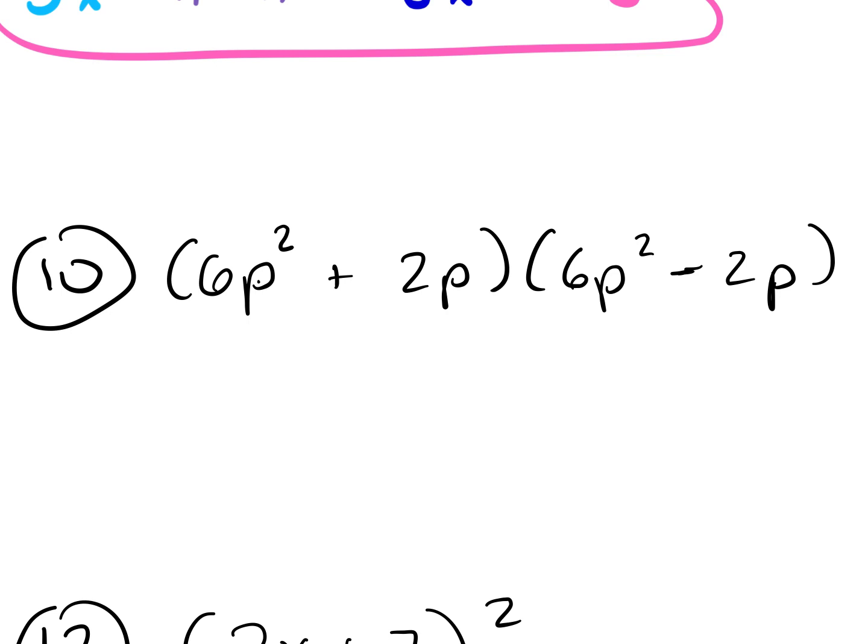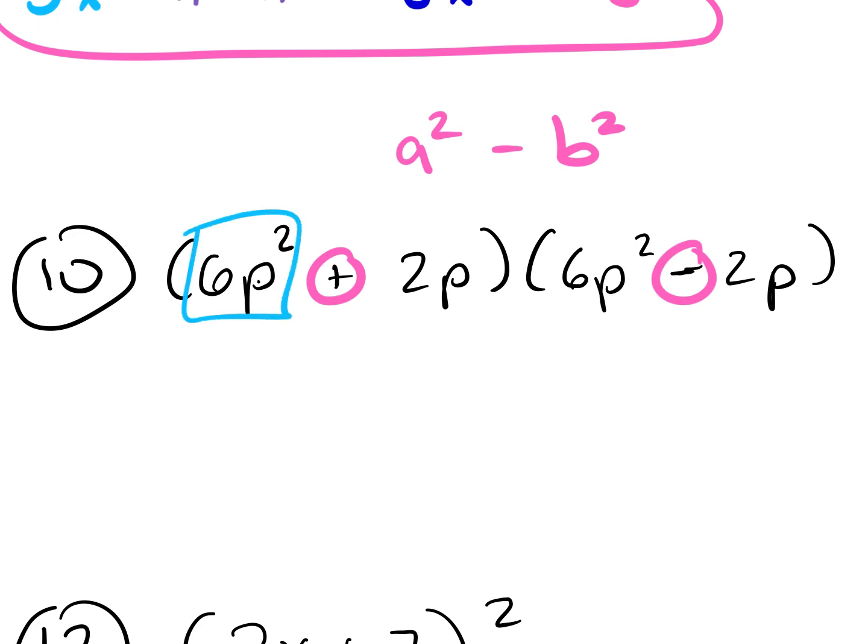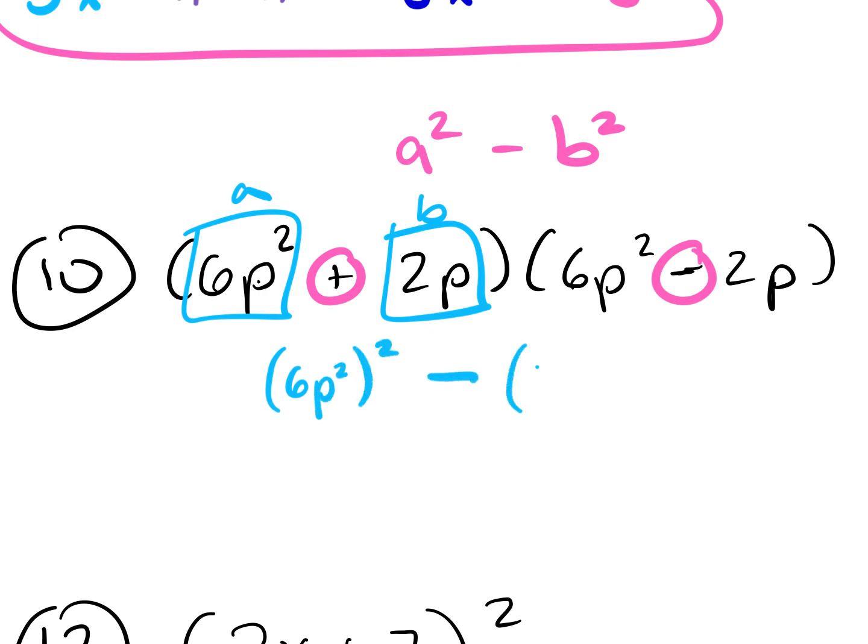All right, what's special about number 10? They're the same but different signs, so we can use our conjugate shortcut again. So that's a squared minus b squared. What's our a? 6p squared. And what's our b? 2p. So we would have 6p squared squared minus 2p squared.